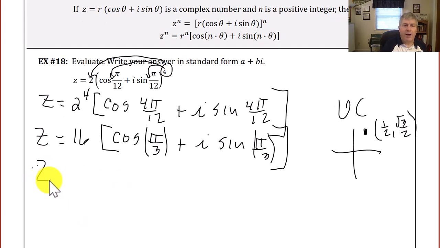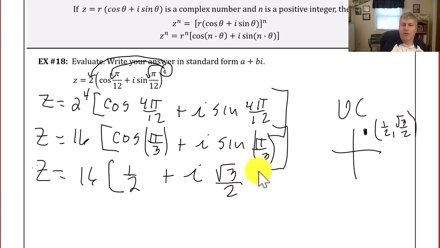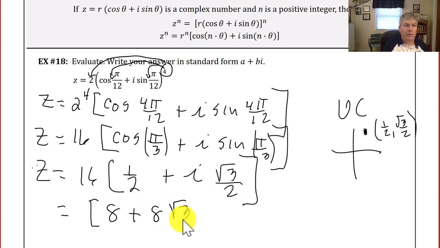So simplifying, we get z equals 16. Cosine of pi over 3 is 1/2 plus i. The sine of pi over 3 is the square root of 3 over 2. I can distribute my 16, and I get 8 plus 8i square root of 3, and I don't need that bracket any longer.